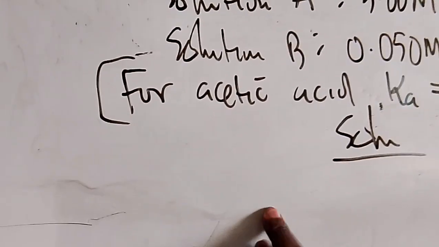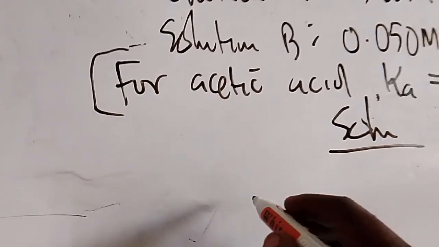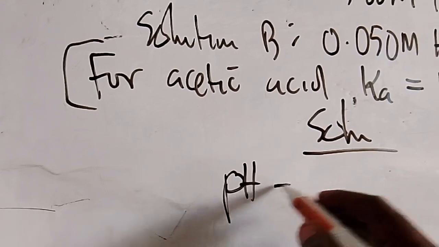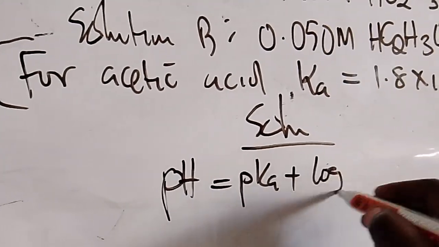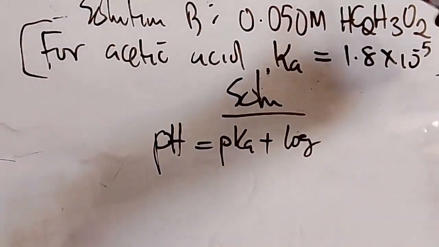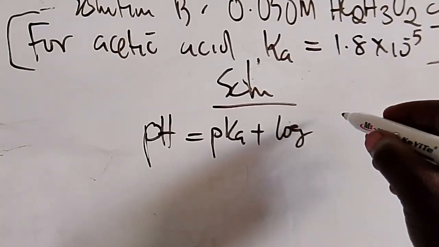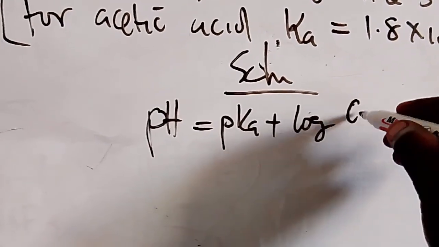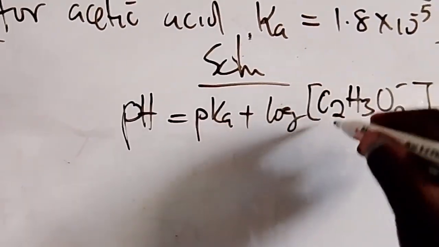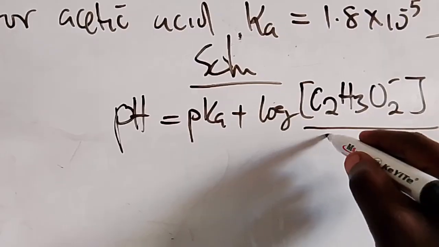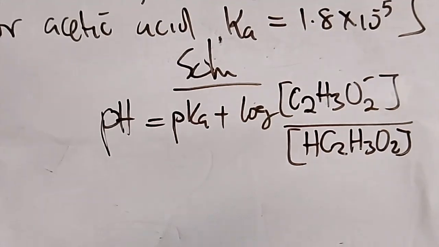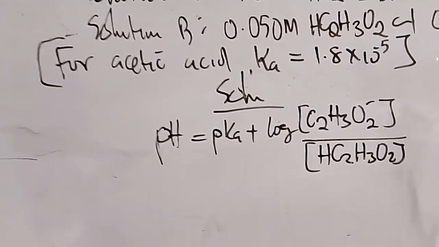We can calculate the pH using the Henderson-Hasselbalch equation: pH is equal to pKa plus log of base over acid. The conjugate base is C2H3O2 minus, and our acid is acetic acid, HC2H3O2.